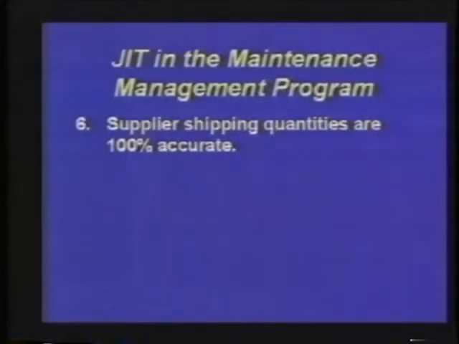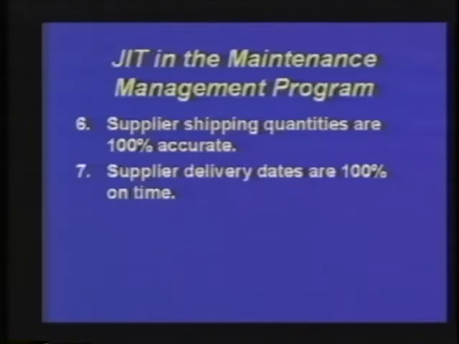The suppliers, through certification, have proven that they have no quality problems with their parts, and item 6 indicates that they are shipping their quantities 100% accurate. Continuing on page 43, the delivery dates are being met 100% on time, and remember, if they can't meet these criteria, they are not going to be certified, and therefore they may not be able to support your JIT program.